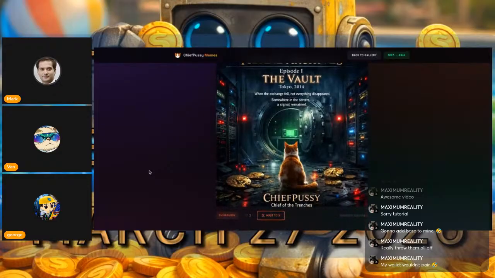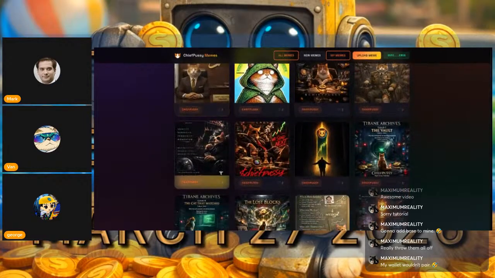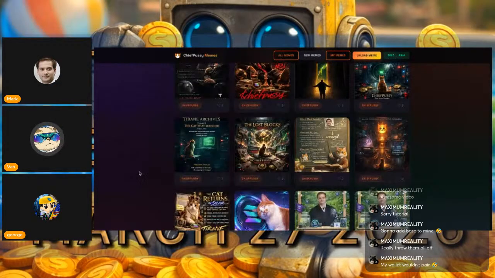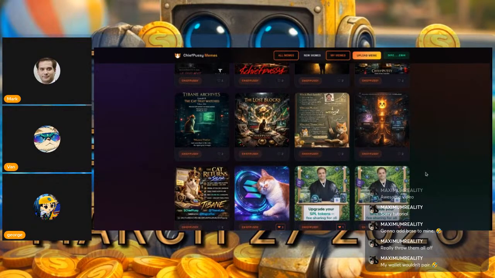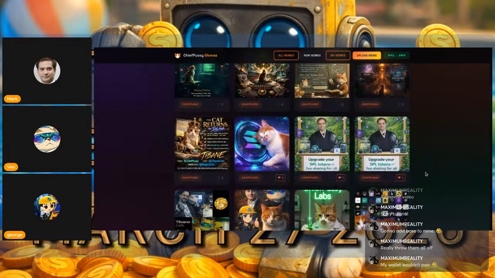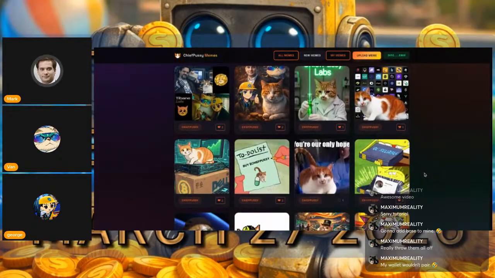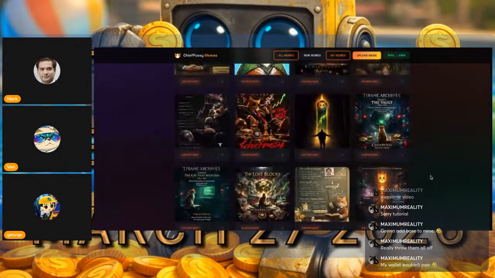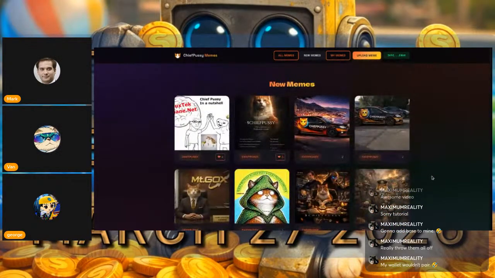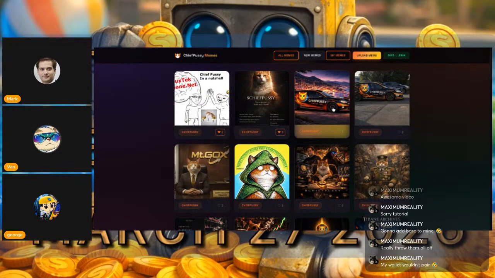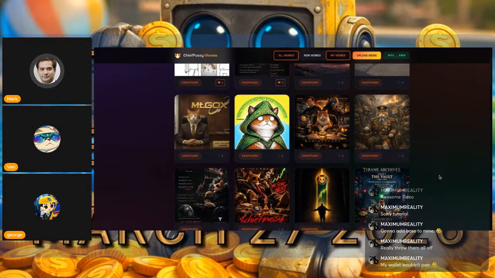Tibane Archives, the vault. Tibane's always causing trouble, man. That's a lot of things to choose from. So, just pick one. I'm not sure I can pick one.